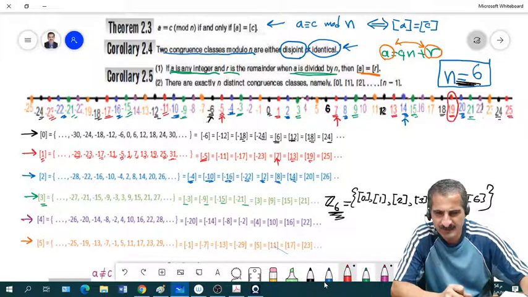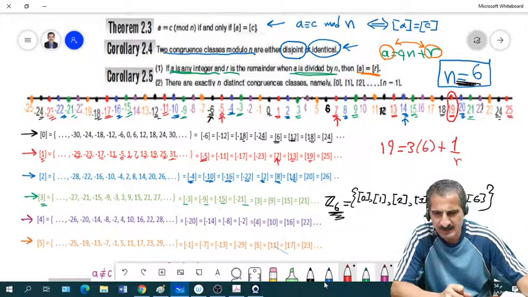Divide 19 by 6. So we get 19 equals 3 times 6 plus 1. So this is r, this is a, and this is n.